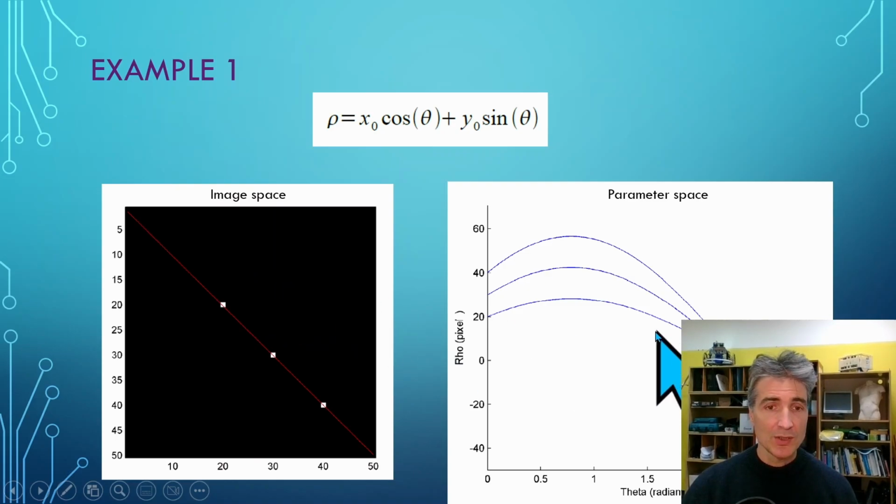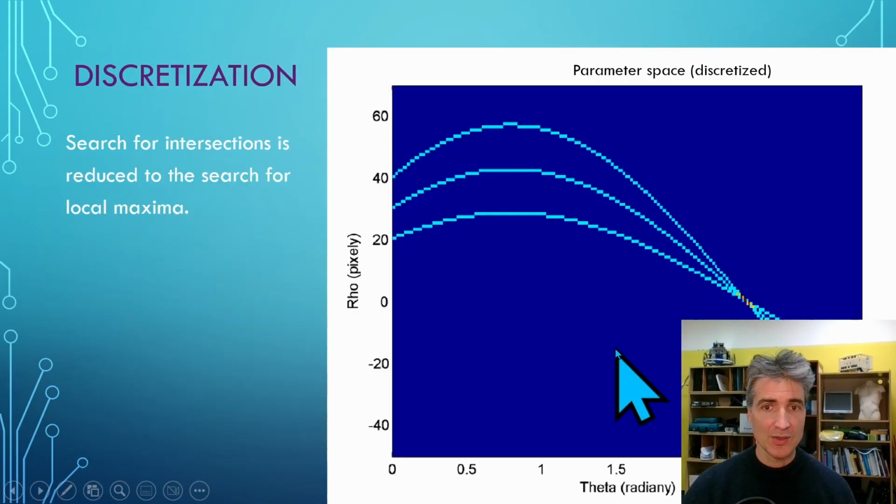So we need somehow to accommodate the imperfections, and we do it, and we also get the benefit of finding the lines more easily by discretization of the parameter space.